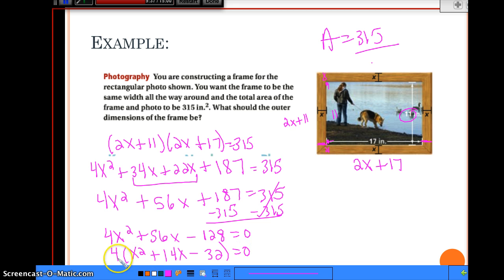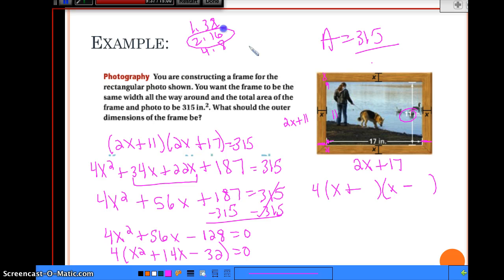That's good news to take that out, because now when we go to factor this, we're going to end up with x times x plus and minus to get my negative, and 32, let's see, 1 times 32, 2 times 16, 4 times 8, and we need it to add up to 14 or subtract off to 14.